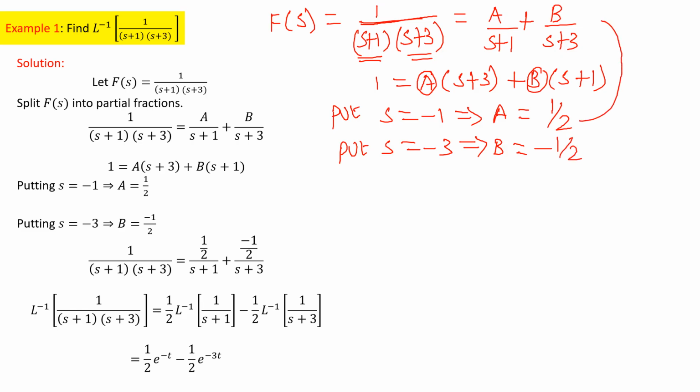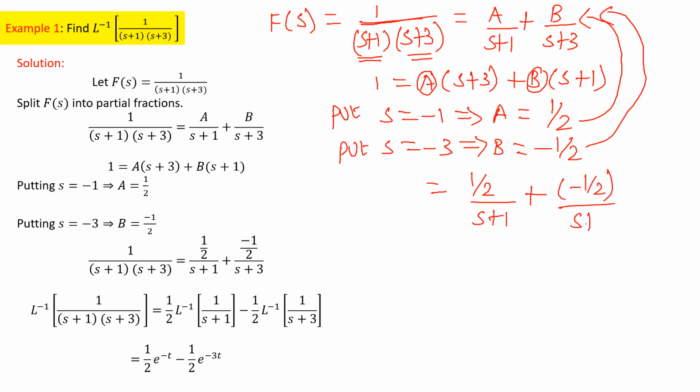Substitute a value and b value in this equation, we will get (1 upon 2) divided by (s plus 1) plus (minus 1 by 2) upon (s plus 3). The question is, I have to find L inverse. So let me take L inverse for these two.